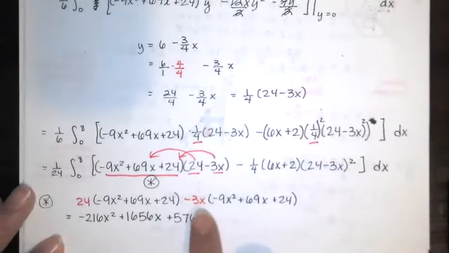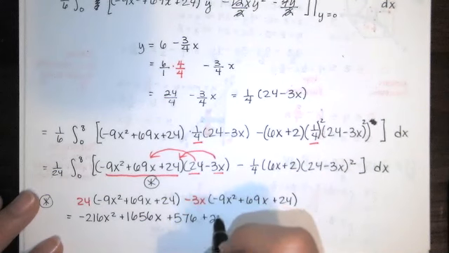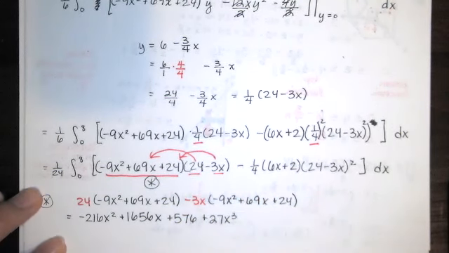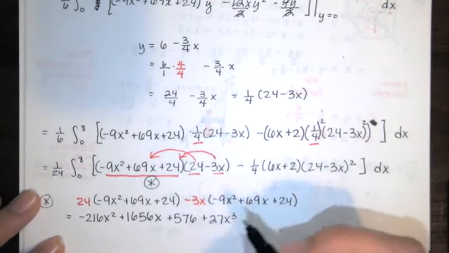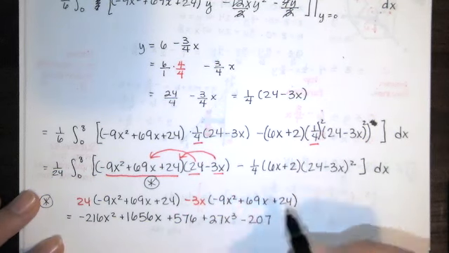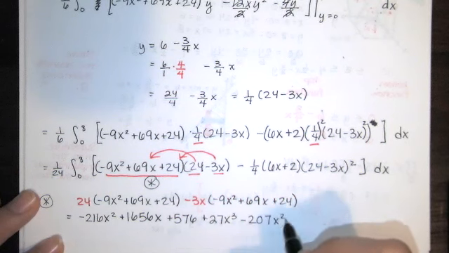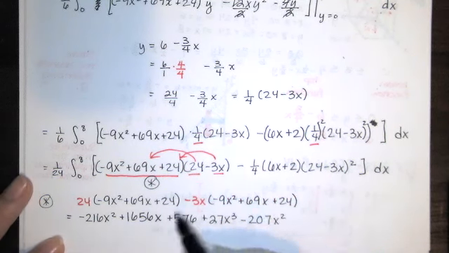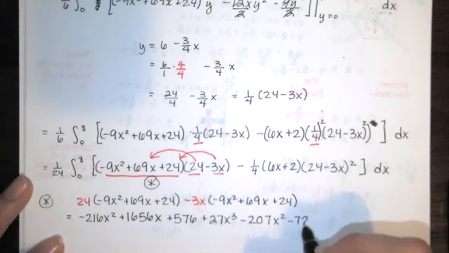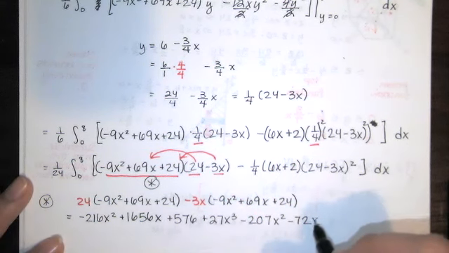And then this negative 3x times that is going to give me a 27x cubed. 69 times 3 is 207. So we have negative 207. x times x is x squared. And then 24 times 3, that's going to be 72. And we have a single x there.